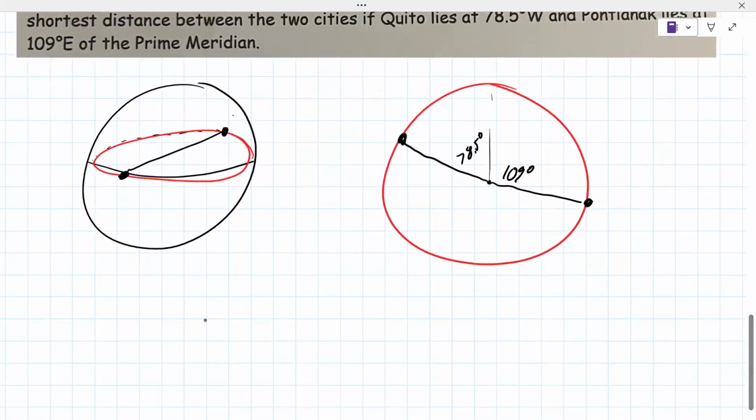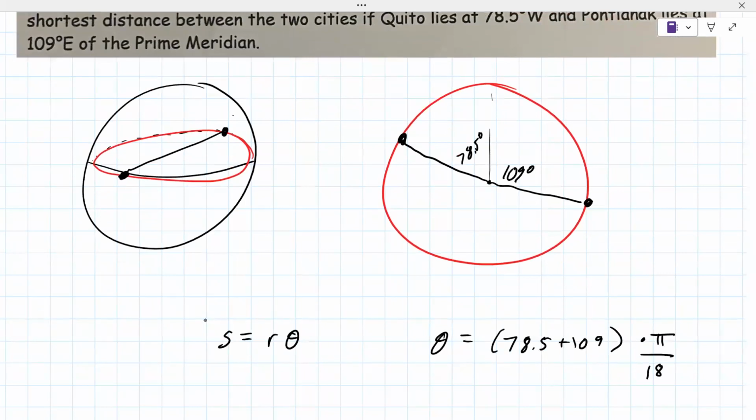So that is again an S equals R theta situation. Your theta is 78.5 plus 109, and that's your theta.